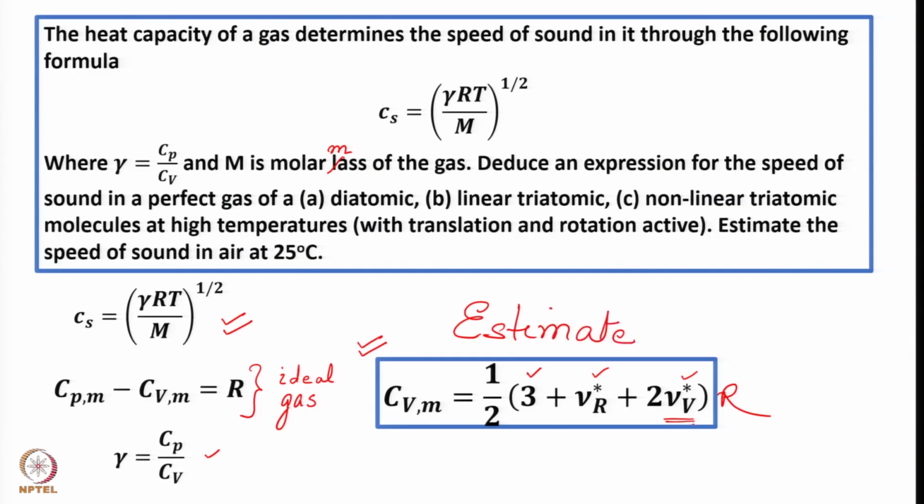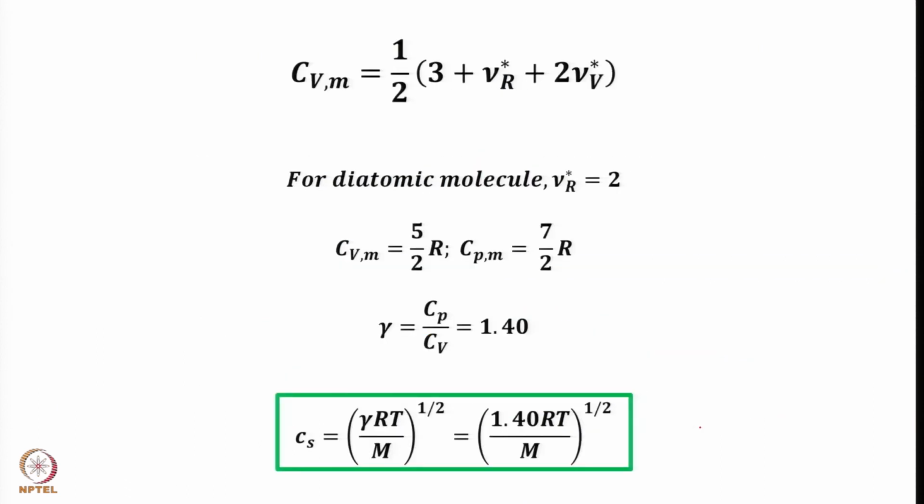For vibrational modes, remember that this is for one normal mode of vibration. If there is only one normal mode of vibration, nu V star is 1. If there are 2, 3, 4, you have to substitute that number. All right, now let us proceed. We have discussed that the constant molar volume heat capacity can be given by 1 by 2 into (3 plus nu R star plus 2 nu V star) into the gas constant.